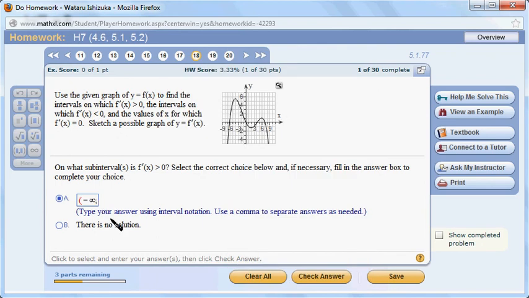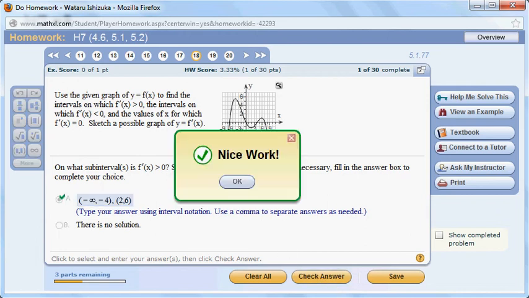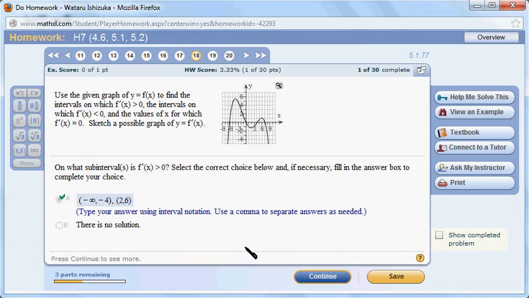So negative infinity to -4, that's the first interval, and a comma, and from 2 to 6. So let's check the answer. All right, we got that.